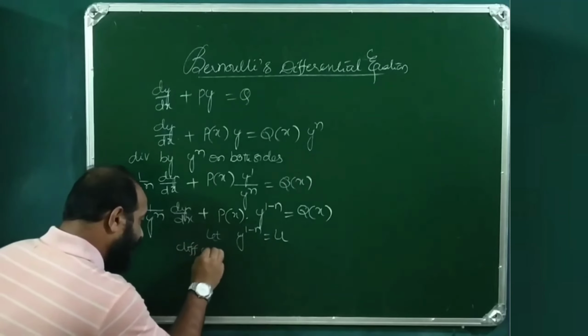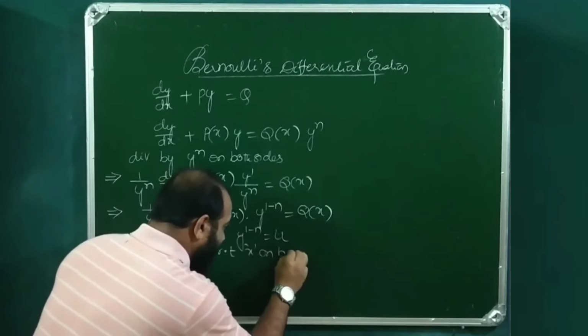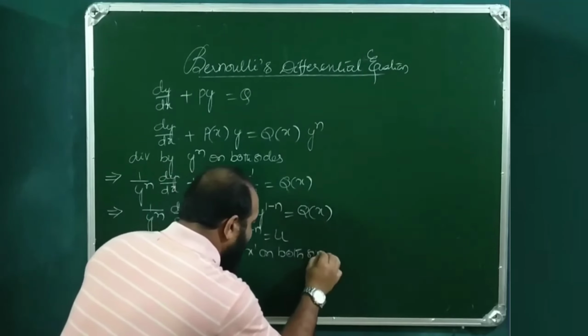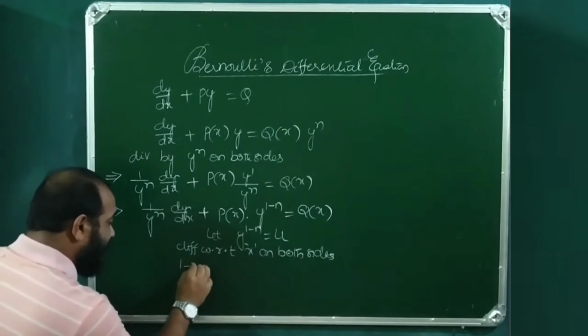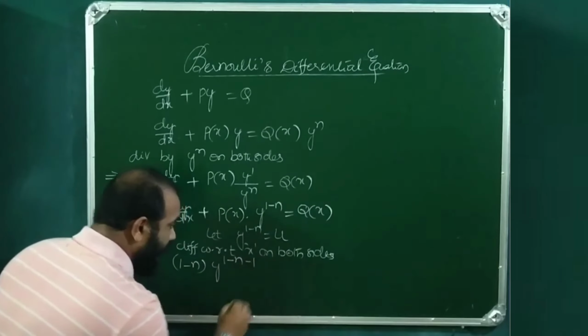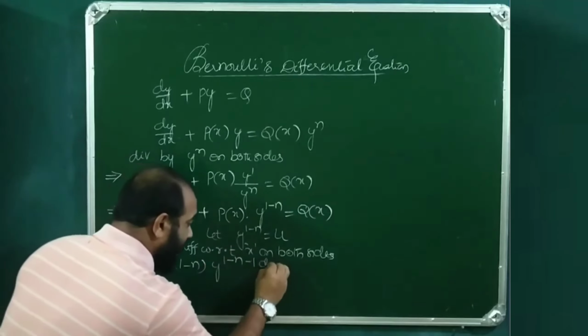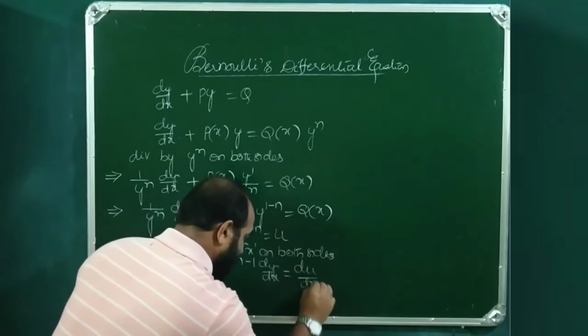Then we'll get 1 minus n into y power 1 minus n minus 1, dy by dx is equals to du by dx.